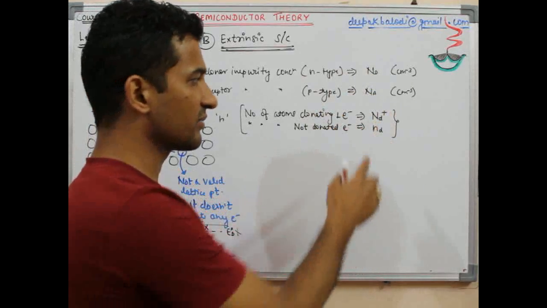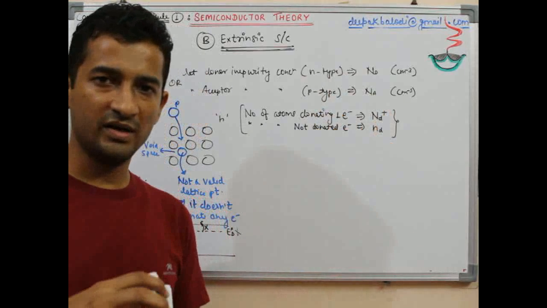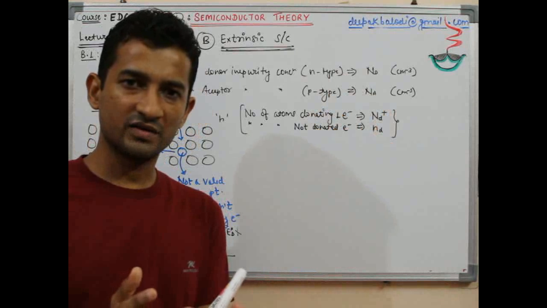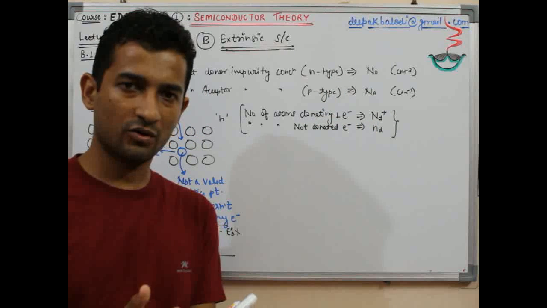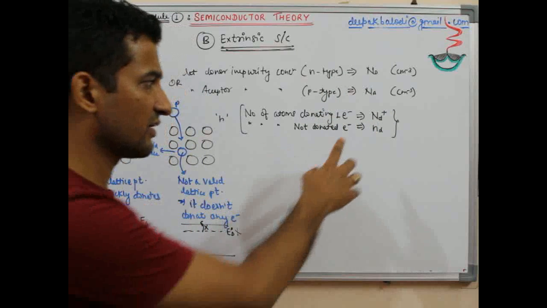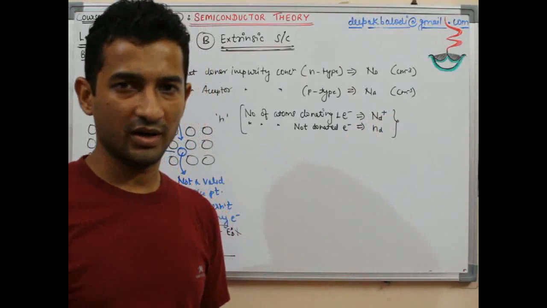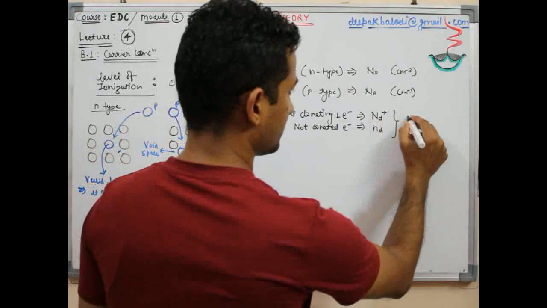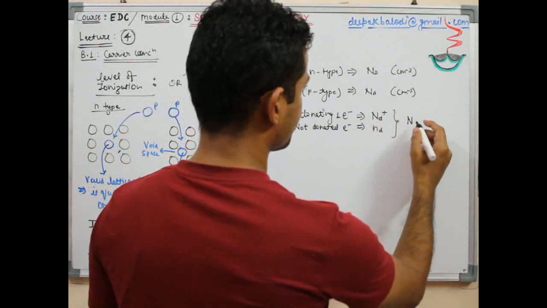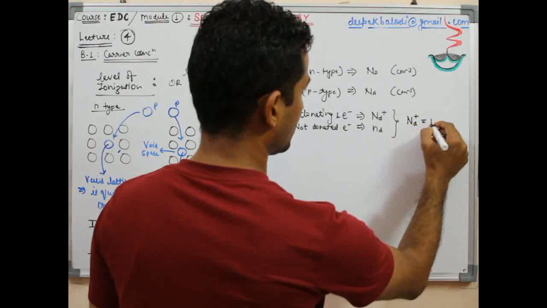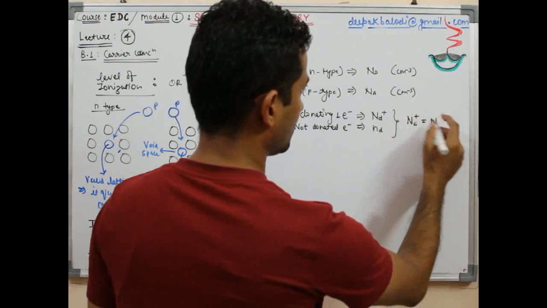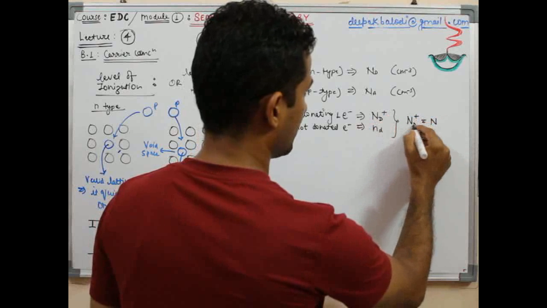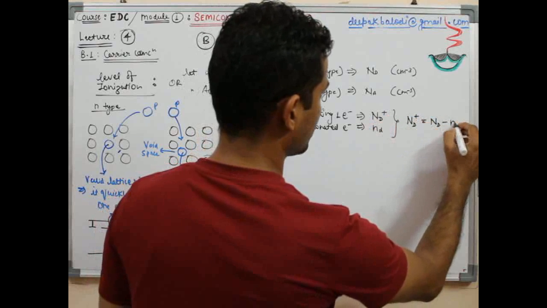I'm elaborating because whenever one atom donates one of its electrons, the remaining atom, deficient by one electron, becomes a positive ion. It is a general convention to indicate it like this. So definitely Nd plus is Nd minus small nd.